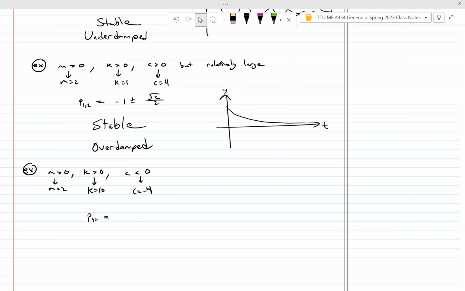And then also, what's that graph of y versus time going to look like? Just as a guess. That one's not as important.